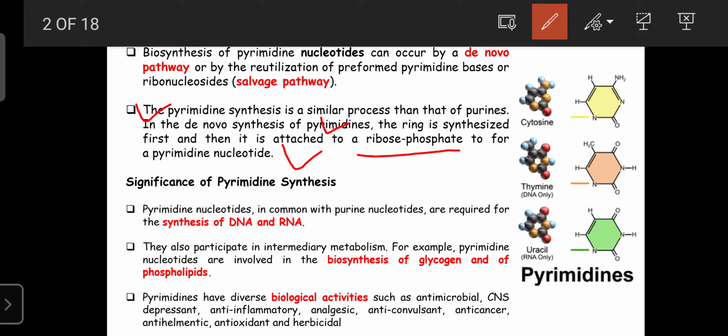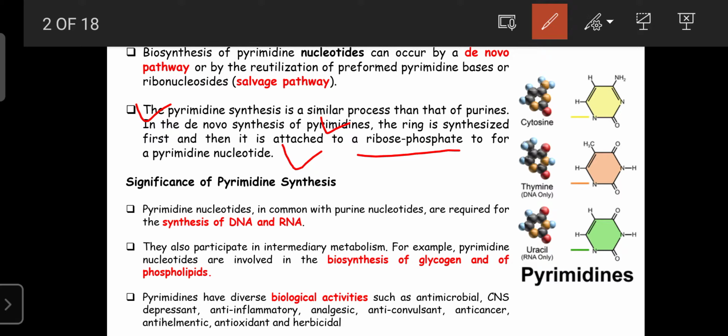Then they are responsible for the formation of the pyrimidine nucleotide. Like the same process in the purines, first the basic purine molecule is synthesized, and from the basic molecule, further adenine and guanine are synthesized. Like that only, in the pyrimidine biosynthesis, first the pyrimidine base is synthesized, and from it cytosine, thymine and uracil are synthesized.